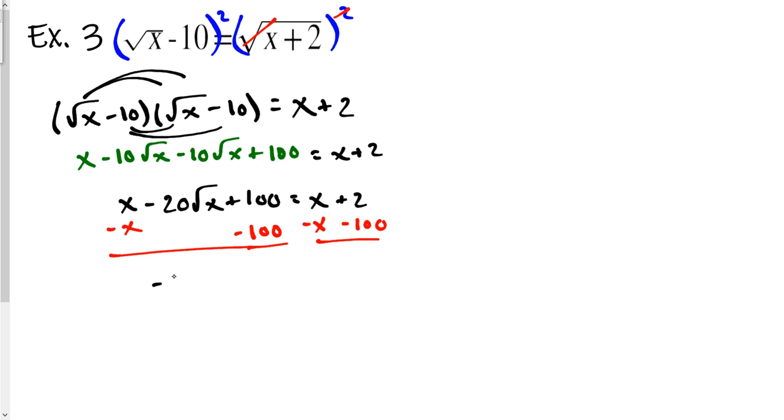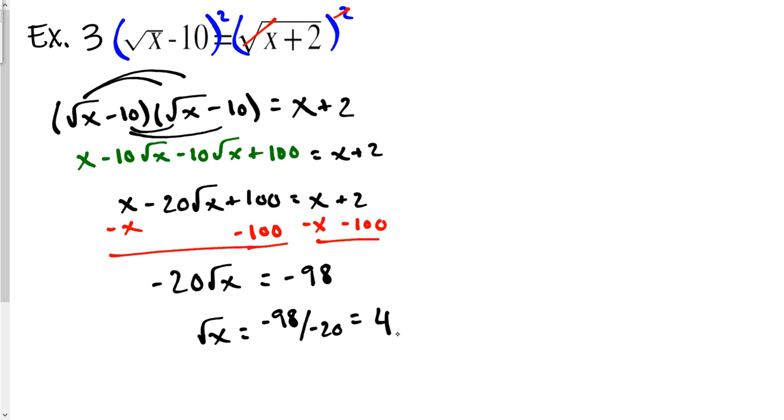So we end up with negative 20 root x equals negative 98. Divide both sides by negative 20, and we get the square root of x equals negative 98 over negative 20, which, let's go and do a calculator. Negative 98 divided by negative 20, remembering a negative divided by a negative is a positive, gives me 4.9.